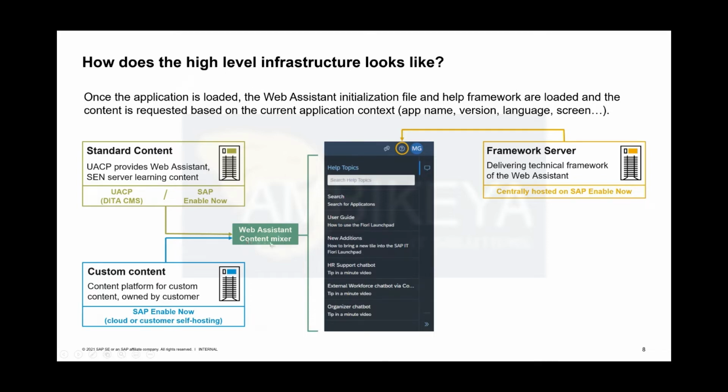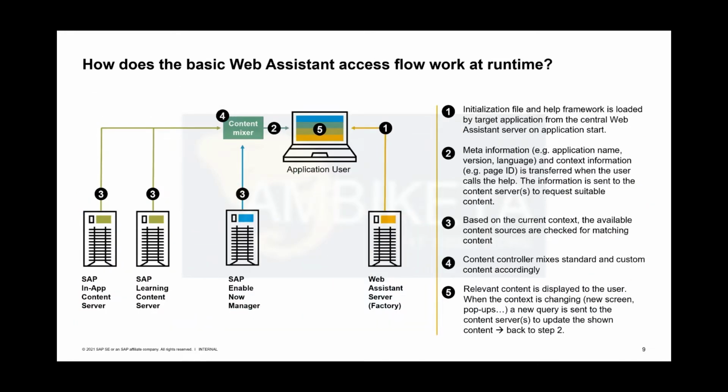The content mixer decides smartly what to display. And then we have our result list. And that's the same procedure for basically all of the content types that are involved. Help content and learning content are more or less acting in the same way. So that's the baseline. Let's proceed.